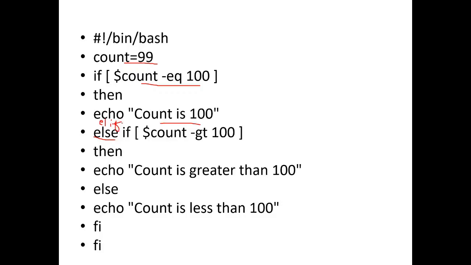We are not using it the other way. So this we consider as a separate if condition. If this condition is false, it is going to come here. If this condition is true, it is going to execute this line. Otherwise, it is going to execute the else part. So this is the termination of the inner if statement, and this is the termination of the outer if statement.